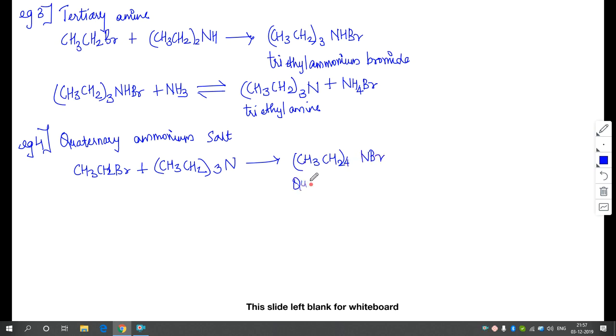This is nothing but a quaternary ammonium salt. So this is just a one-step process.